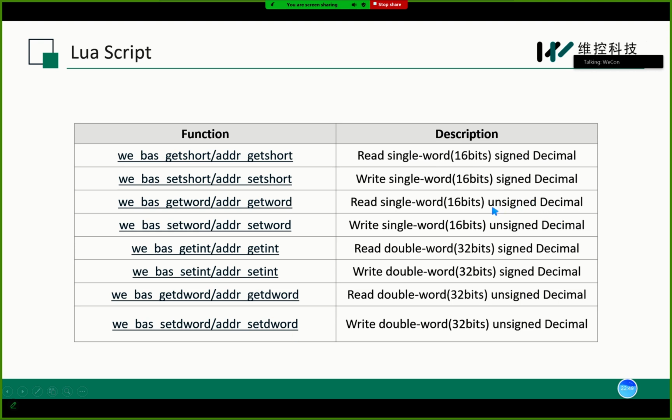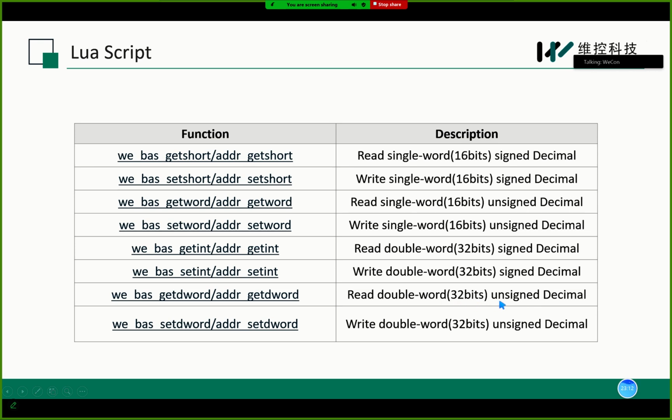If you use a single word unsigned decimal, you just use get word or set word. If your data is 32 bits signed decimal, you use int, get int or set int.